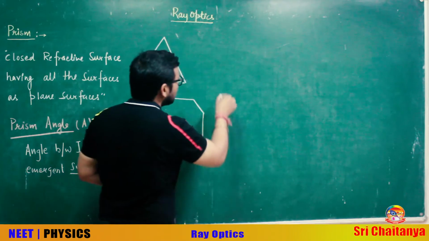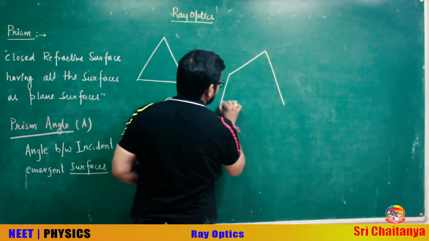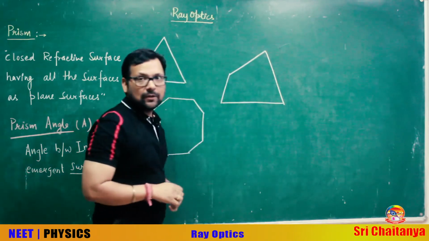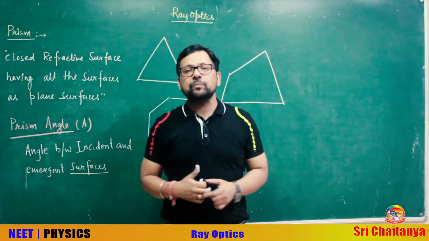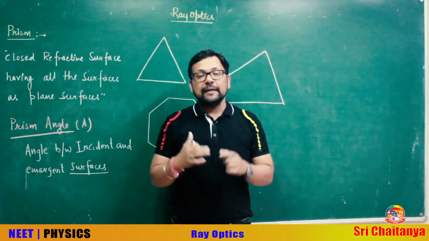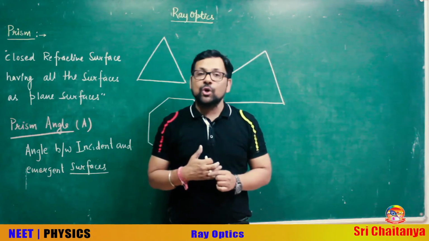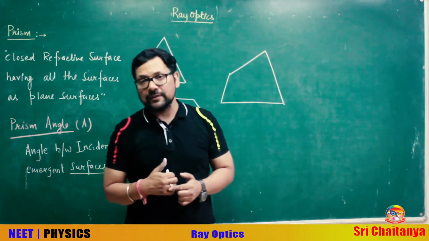Or I can draw one more shape for you, this. This is also a prism. So I would like to suggest, when it comes to prisms, the picture that comes to our mind is the equilateral one. It is a prism, but it is not the only prism. So prisms are closed refracting surfaces.